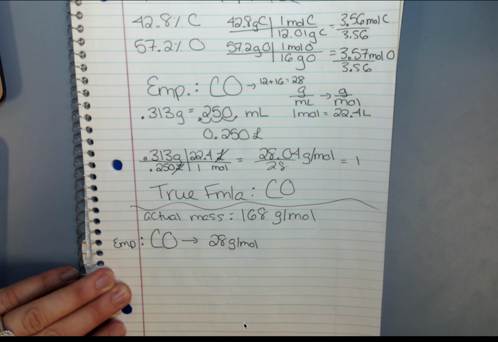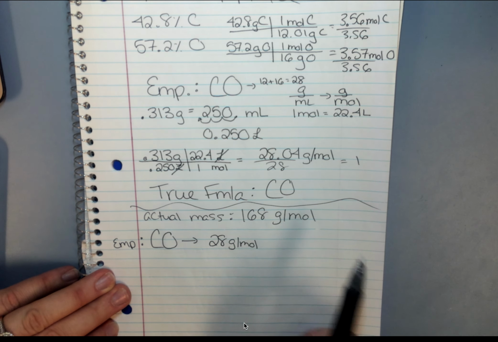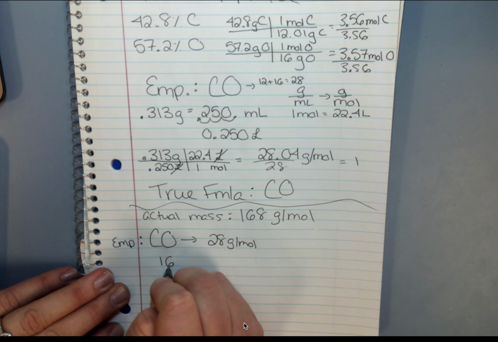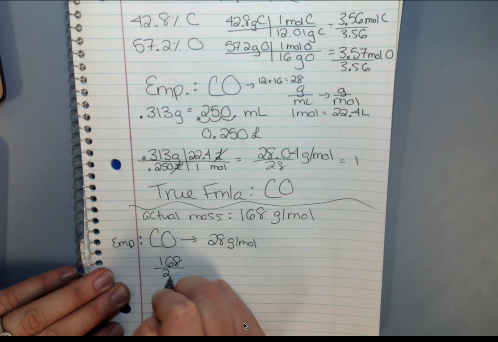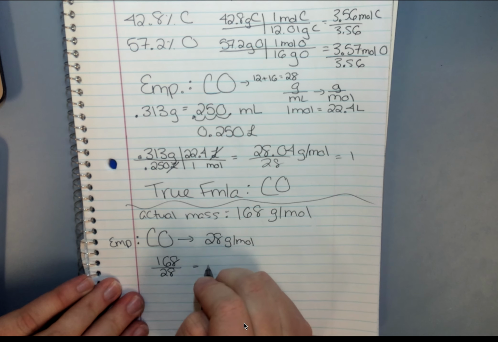Now, these are the types of problems we like. When it gives me the actual mass, I don't have to do this grams per liter to grams per mole conversion. I can just work right from this number. So I'm going to take my 168 and divide it by 28. And I end up getting 6.